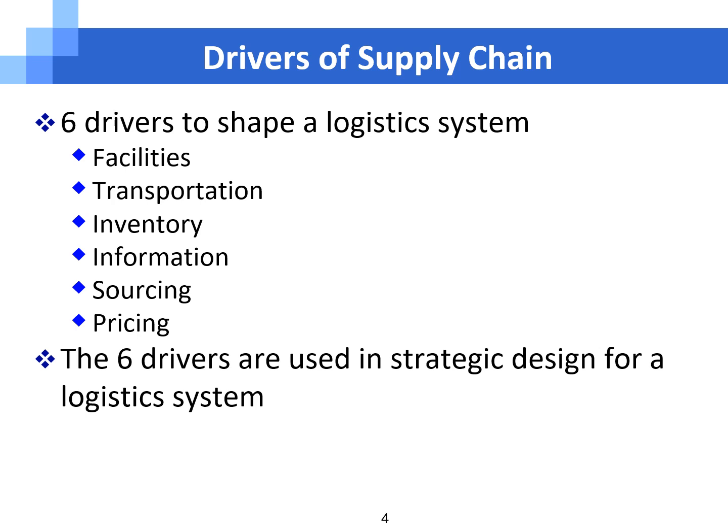These 3 drivers determine how the material flow, product flow, and the related service flow work in the logistics system. And the other 3 drivers, information, sourcing, and pricing, are called cross-functional drivers.